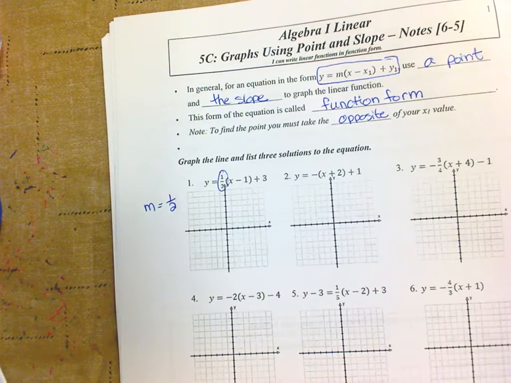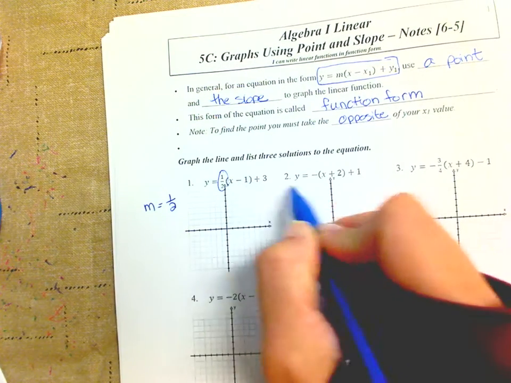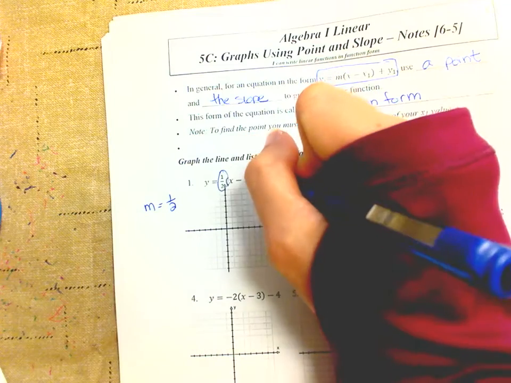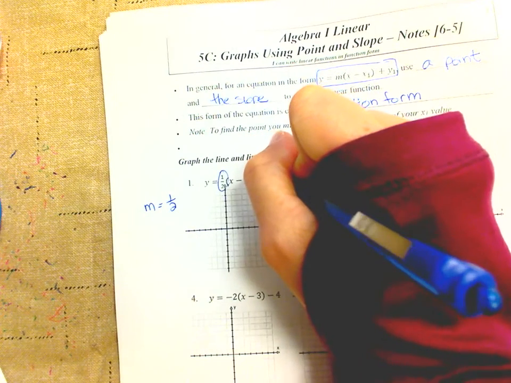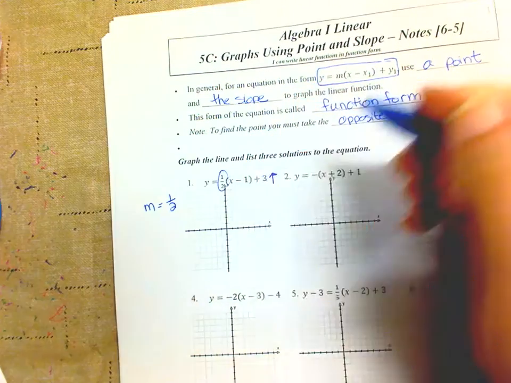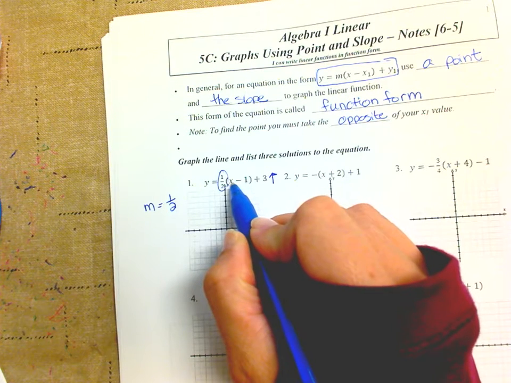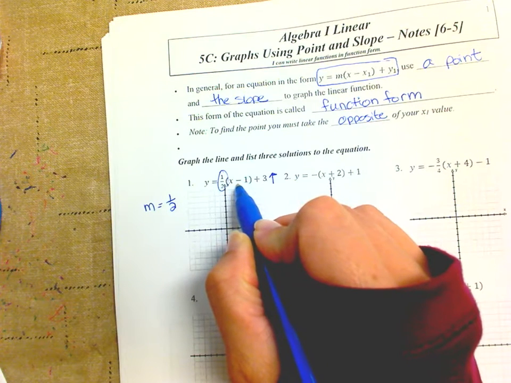And then you're basically going to be shifting a line that has a slope of 1/2. And these numbers here tell you where to go. We're going to start with this +3, just like a y-intercept. You're going to go up 3. And the number that's with the x, you're going to do the opposite of it side to side.